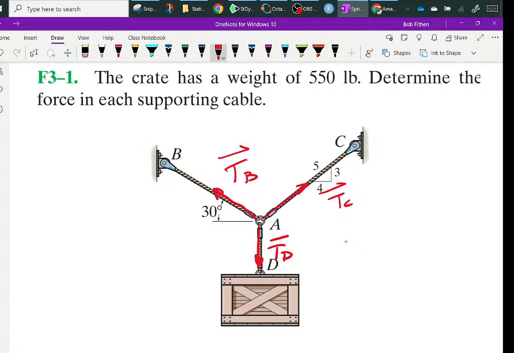Well, what are they? They're nothing more than the tension in C times the unit vector going towards C. This is nothing more than the tension in D times the unit vector towards D. And this is nothing more than the tension in B times the unit vector towards B.